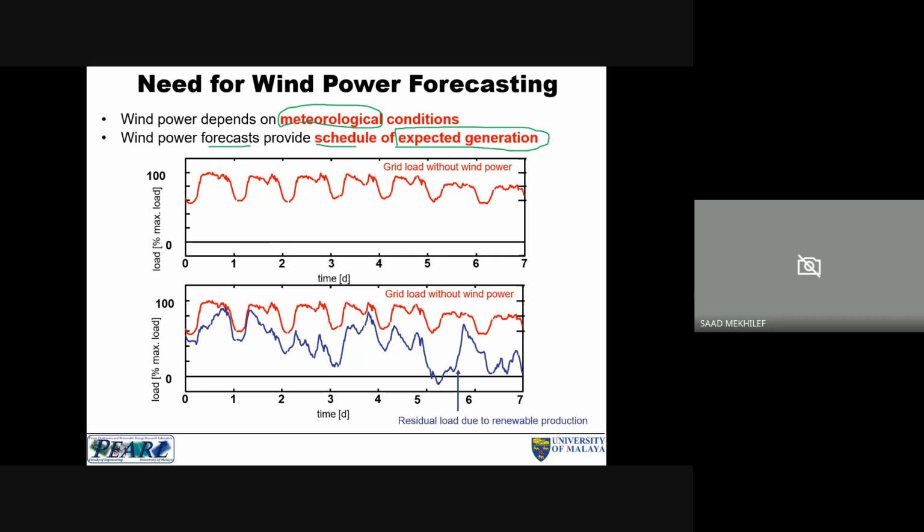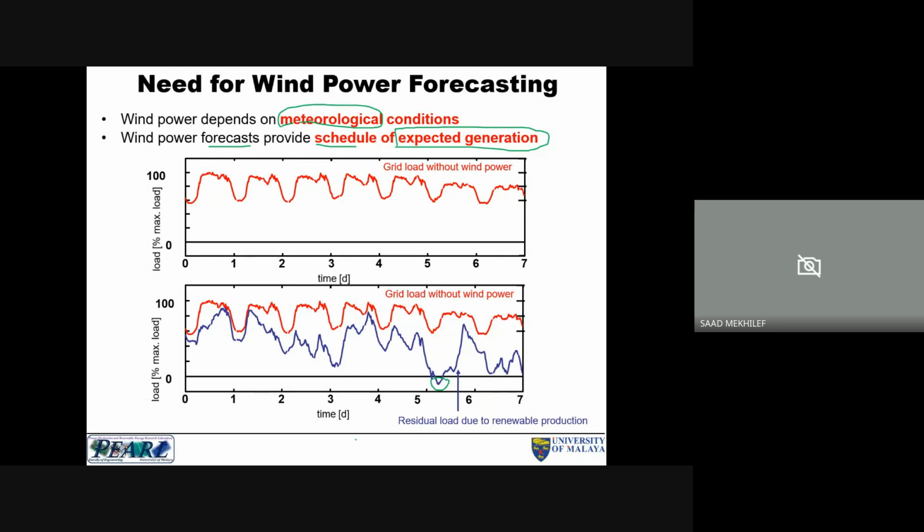Then, with the wind turbine, the red one is the same, but the blue one is the residual load due to the renewables. Sometimes it goes high, sometimes it goes low. You see, it's highly variable, and sometimes even goes below zero.